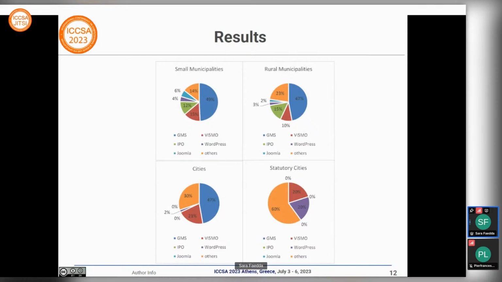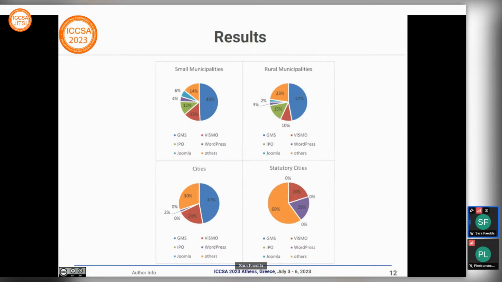When we made this visualization, because it is better to see in figures or pictures, you can see which kind of these systems are used by the various size municipalities according to their largeness. So small municipalities mostly use this GMS. And rural municipalities.